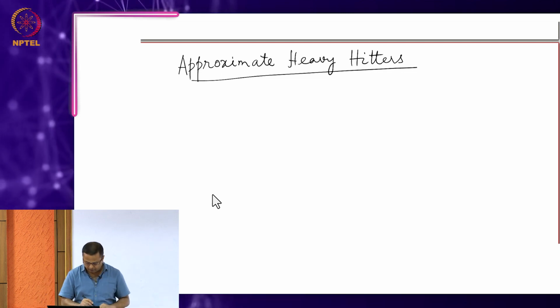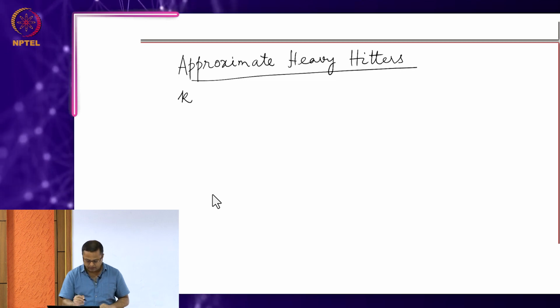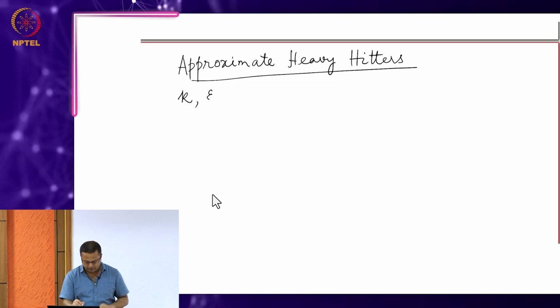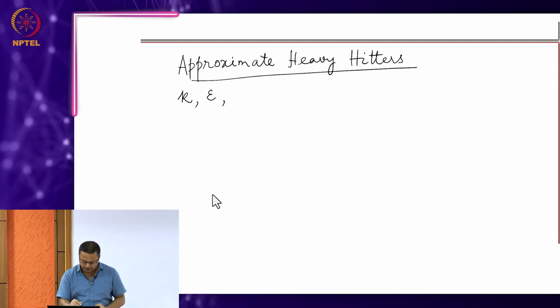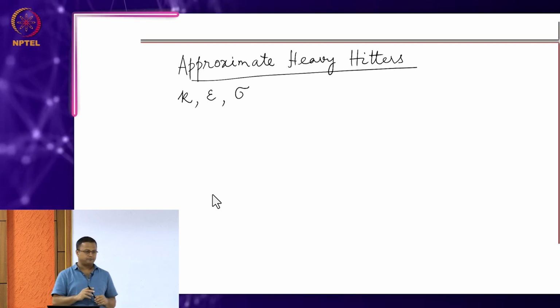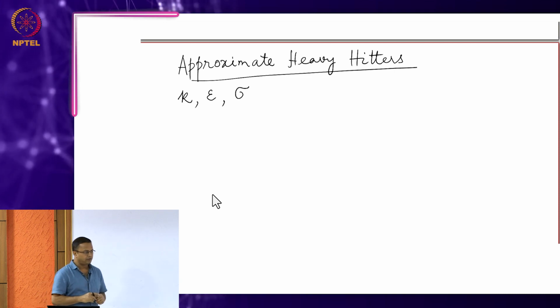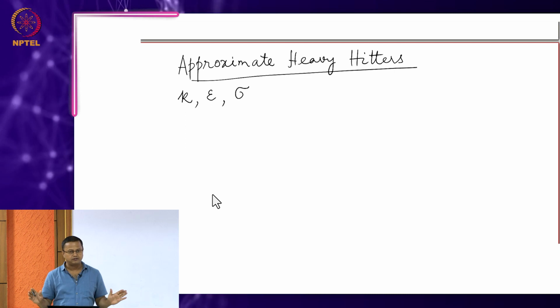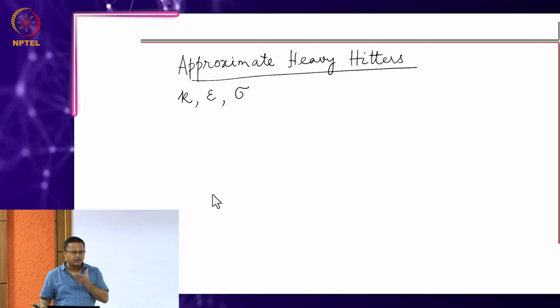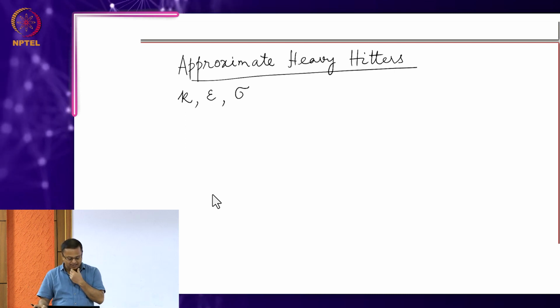So, what you have is now a k, you now have an epsilon, this is a user parameter, and you have this string. My goal is again to report elements having frequency greater than n by k.